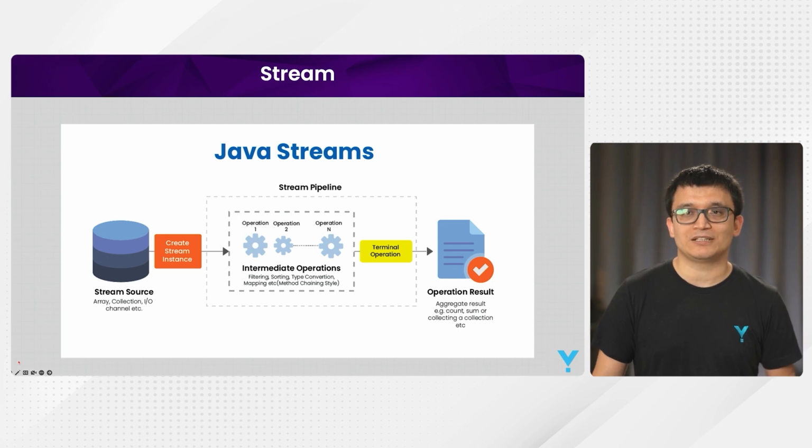Depending on the expected result, you will be using the terminal and intermediate operations, the functions that the stream provides, in order to get the result at the end. Therefore, it is essential to use the right methods for intermediate and terminal operations.